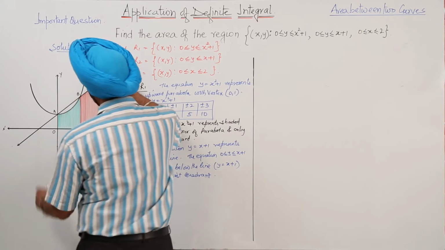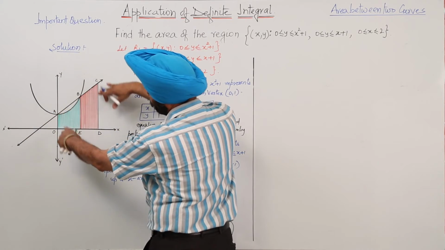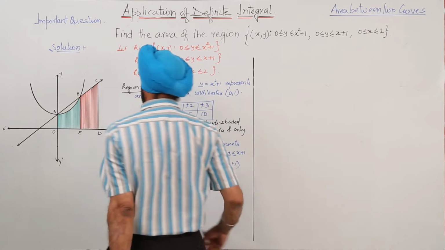Okay, now this is the line and the shaded portion will be downwards till the x-axis.